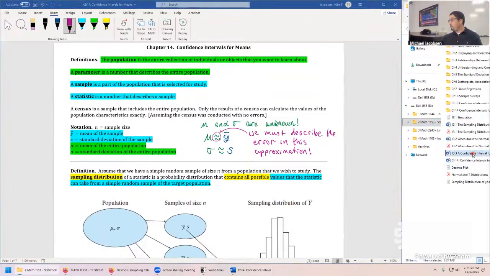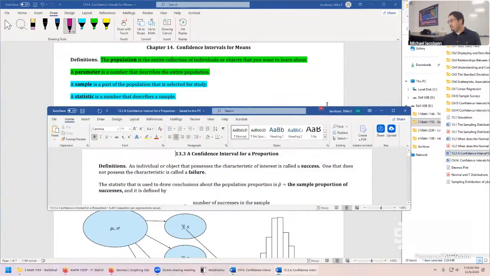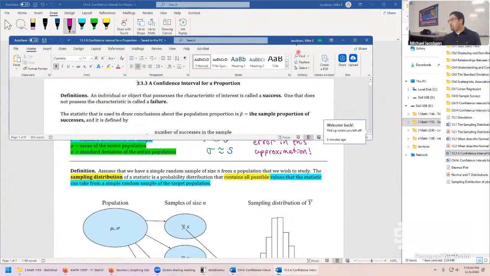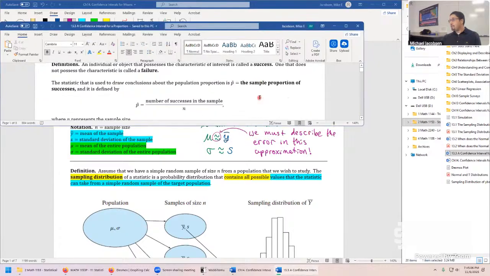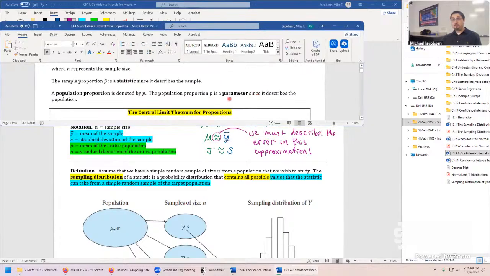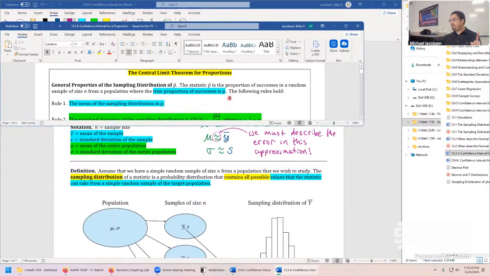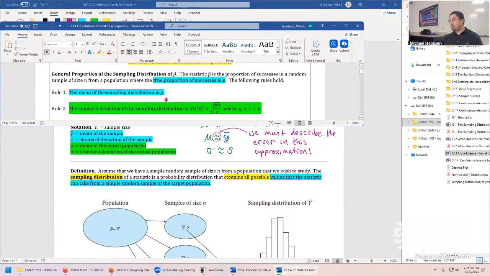In section 13.3, we look at the central limit theorem. Notice the huge change we are making. In 13.3, there is one parameter, P. That means when you describe the central limit theorem distribution, the mean involves that parameter P, but so does the standard deviation.